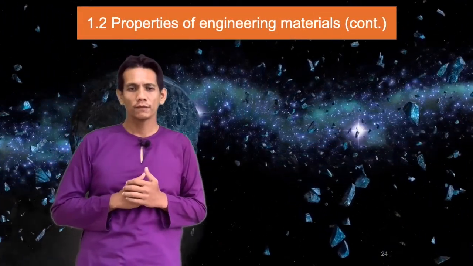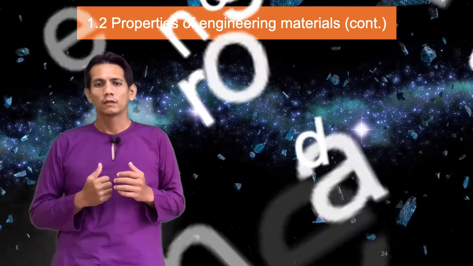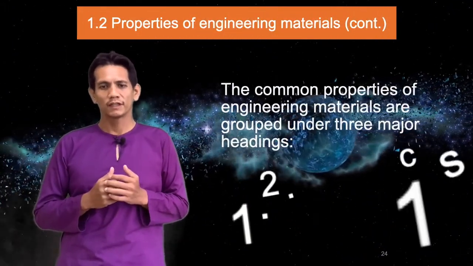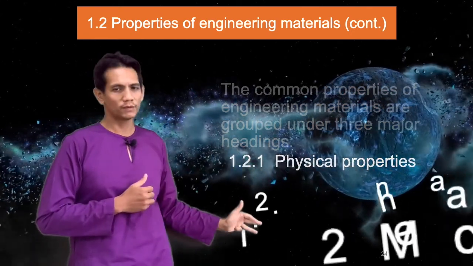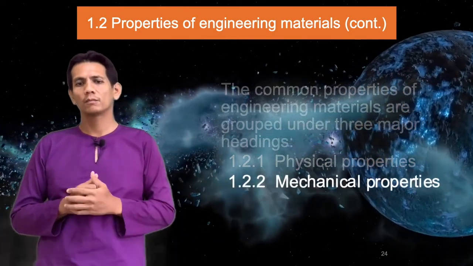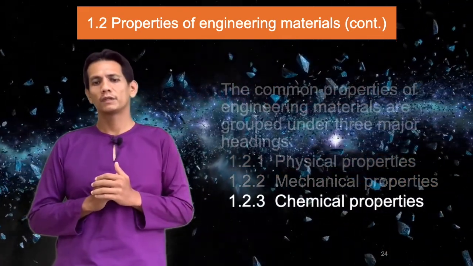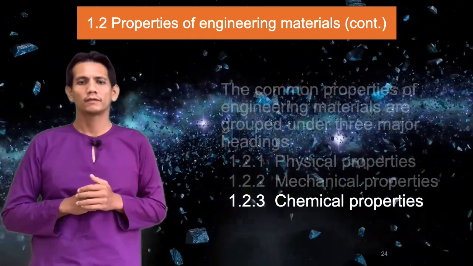Alright, we continue with the common properties of engineering materials grouped under three major headings as mentioned previously: physical, mechanical, and chemical properties. These are the key common properties that need to be considered.